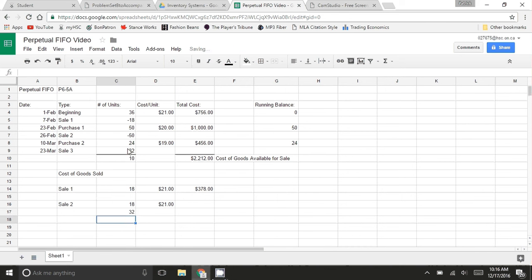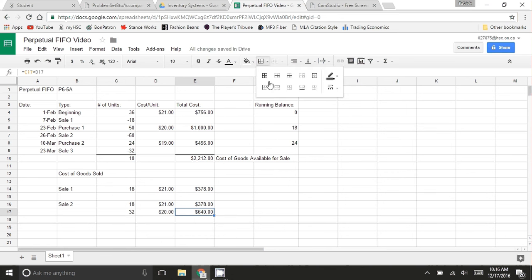We're going to take 32 out of this at $20, out of purchase 1, and that leaves us with 18 units left in purchase 1. And that will give us, for the 18 at 21, cost of goods sold of $378 again, and for the 32 at $20, $640, and then we're going to add that up and do a quick sum. And so for sale 2, we had a cost of goods sold of $1,018.